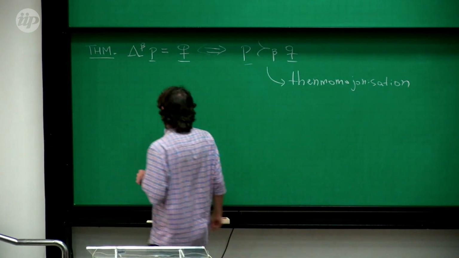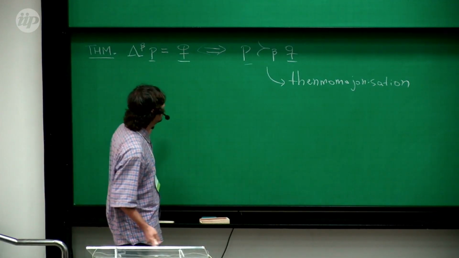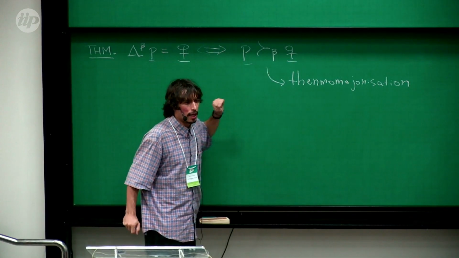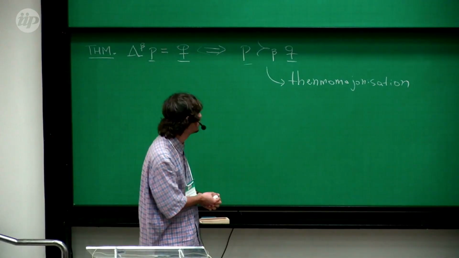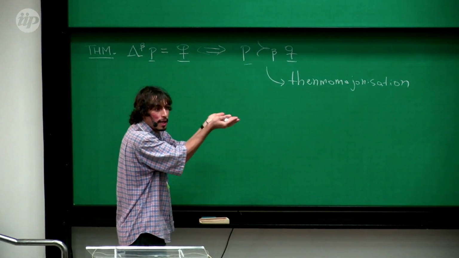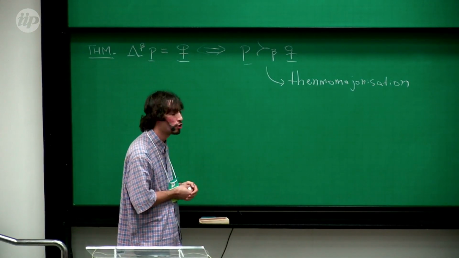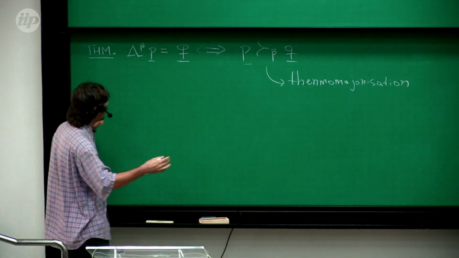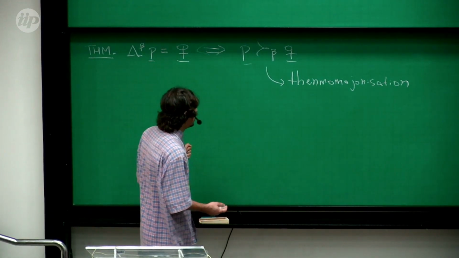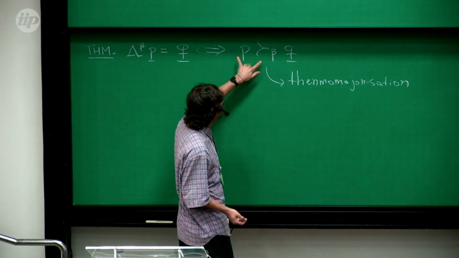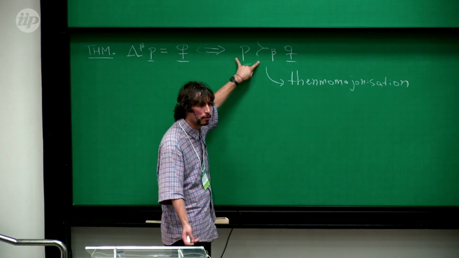And what this result tells us is that we can construct a Gibbs preserving matrix mapping P into Q if P thermomajorizes Q. And here I'm in the language of stochastic matrices preserving the Gibbs state, but we could go one level up and construct a thermal operation, right? Because we have this theorem that I mentioned in the first class, which has this equivalence between thermal operations and Gibbs preserving stochastic matrices. So now the question is, what is this thermomajorization condition and how hard is it to check whether you can transform P into Q, right?